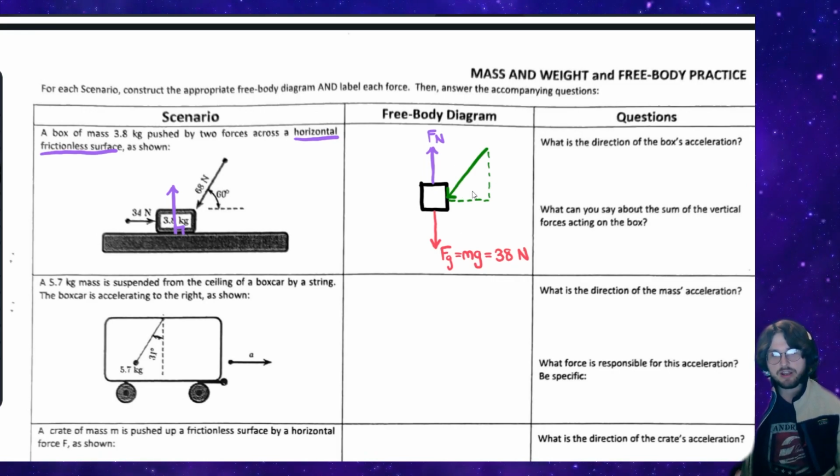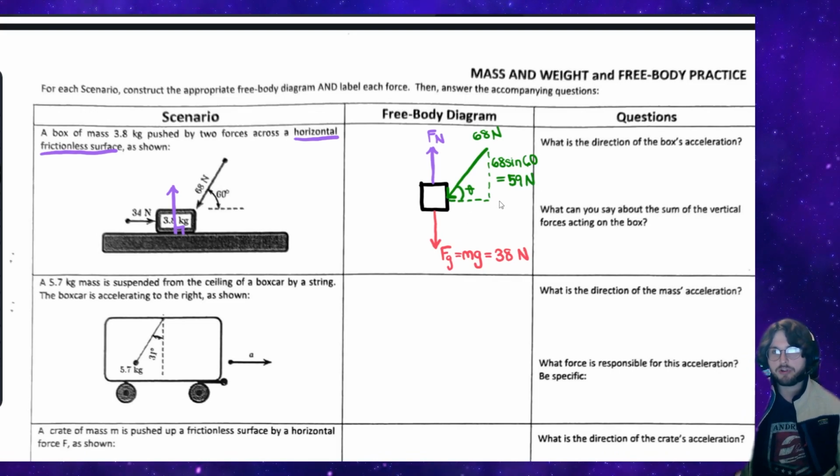And now the 60-degree angle is given on this corner of the right triangle, and our force is 68 newtons in total. But if we want to find the components, we would say, well, this vertical component right here is 68 times sine of 60 degrees, which is roughly equal to 59 newtons.